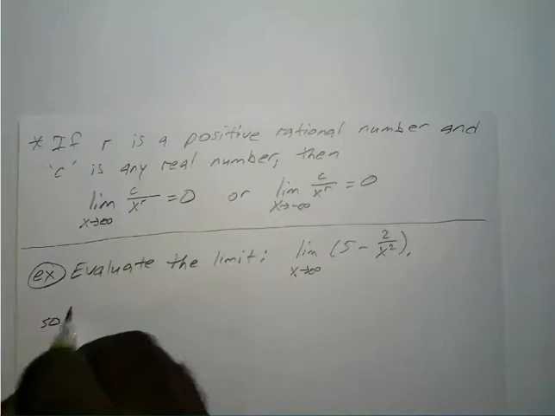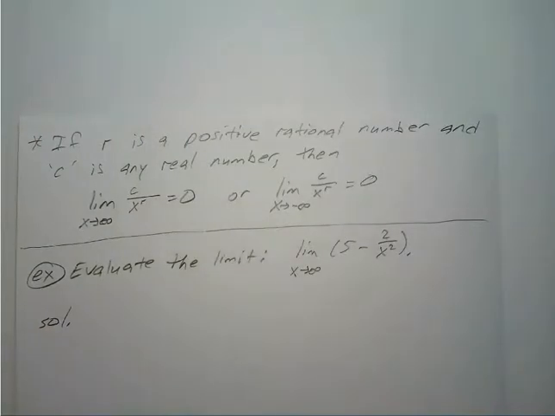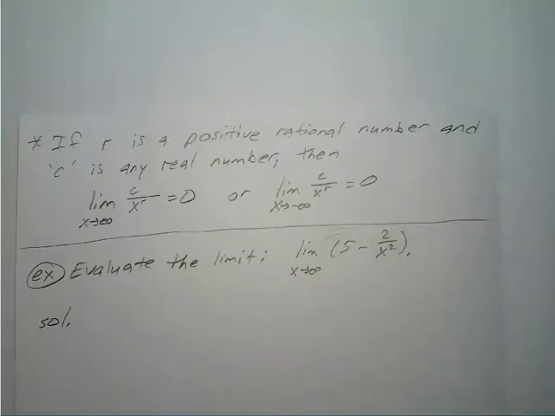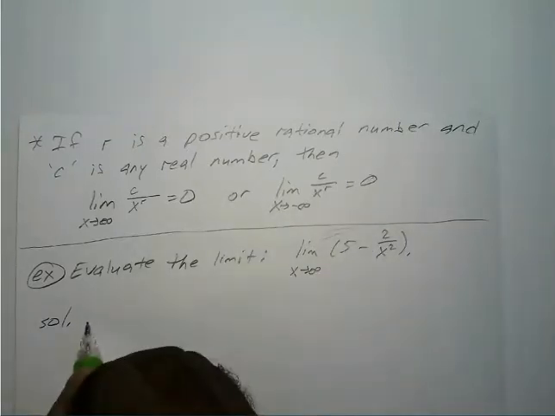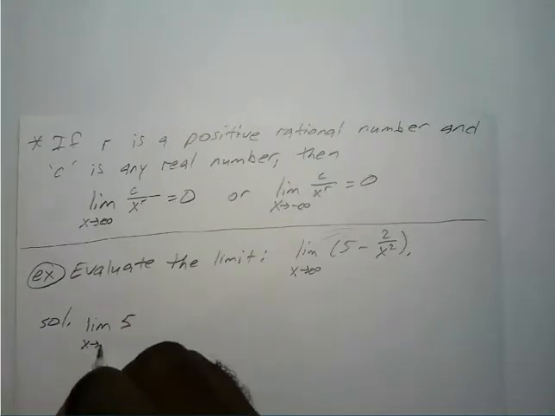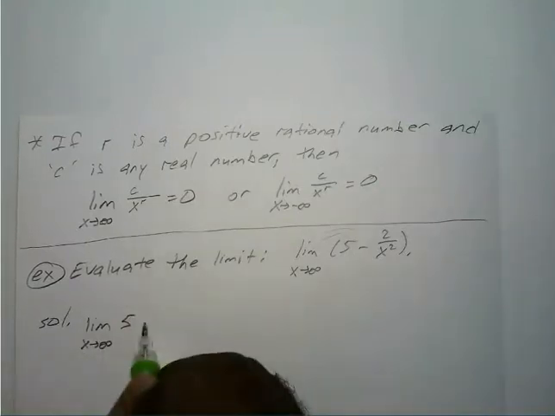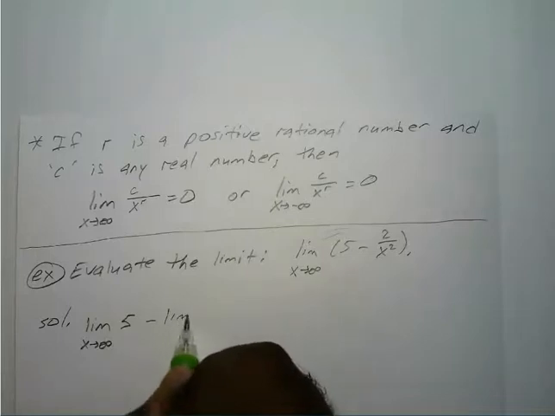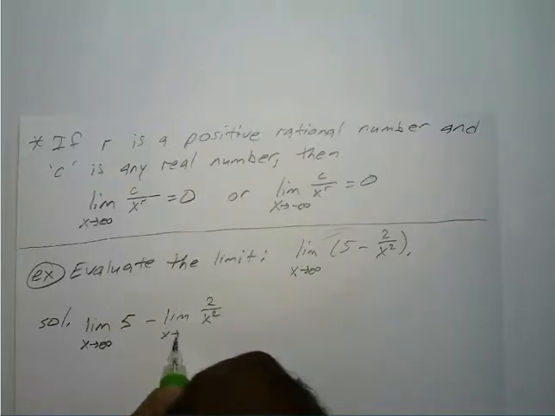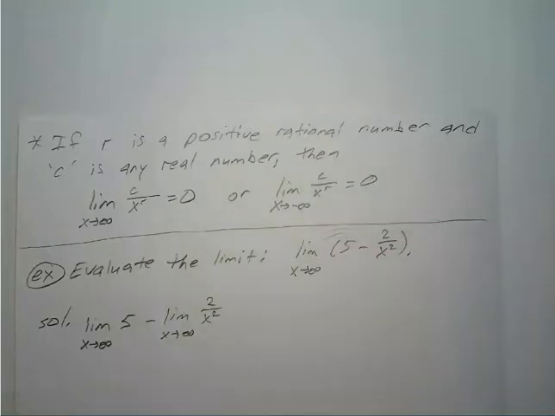Remember from your limit laws, you can go ahead and distribute that limit to both of those terms. So that gives you the limit of 5 as x approaches infinity minus the limit of 2 over x squared as x approaches infinity.